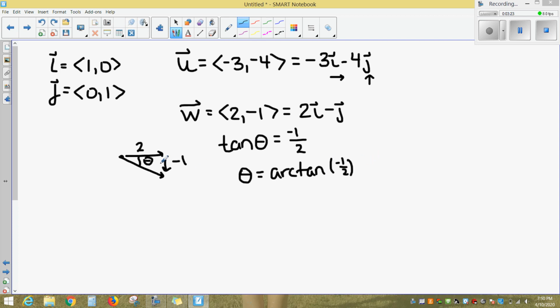Now I have to be careful because when I hit the arctan button on my calculator, it spits out only certain values in 2 quadrants. But I know if I'm going to the right 2 and down 1 unit, I need to give a 4th quadrant answer there. I'll type this into my calculator and see what comes out. I didn't bring my calculator, so I don't know what that's going to look like.